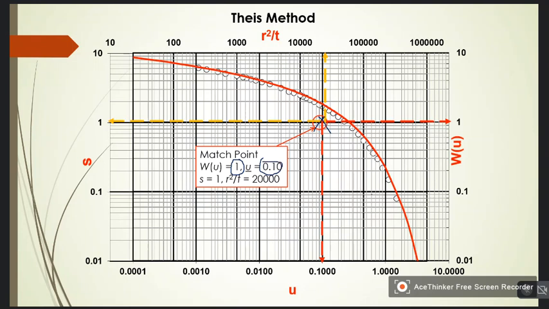I can take this point also. In that case, U will be, this is 0.1, 0.2, 0.3, I think 0.4 or 0.5. So this will be 0.5.